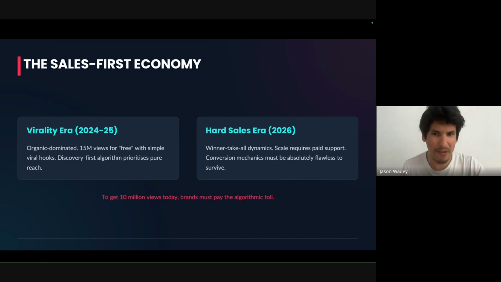For instance, the GMV Max algorithm. There've been some significant changes in the last year or so, where essentially to get the same 10 million views today, a lot of brands have to pay a lot more when it comes to TikTok ads, which means your conversion metrics have to be more flawless, I would say.